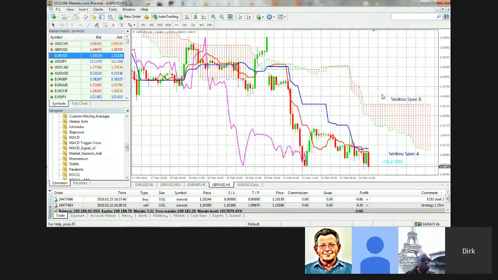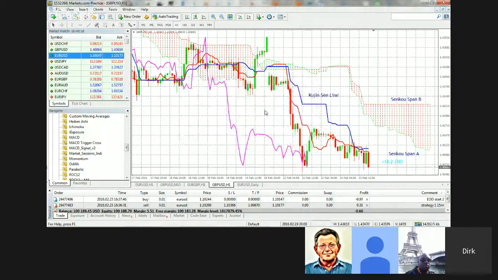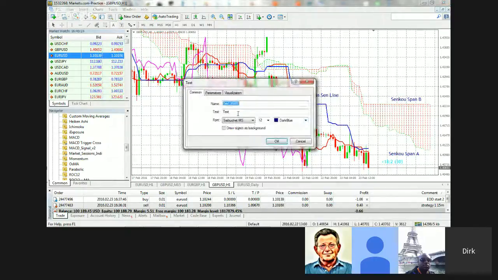Here we go. Right, now the blue line, the blue thick line, is what we call the Kijun Sen line. And then the red line we refer to as the Tenkan Sen. Let's just make that red to match up with the line color.